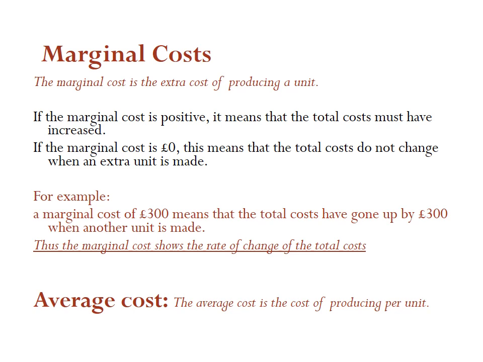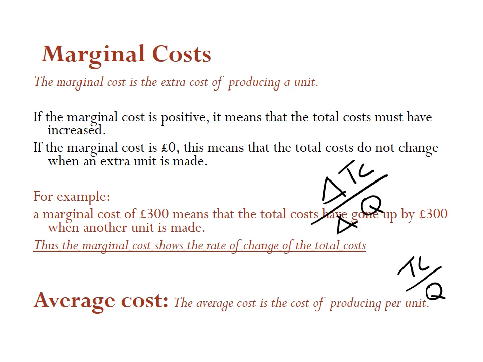Thus, the marginal cost shows the rate of change of the total cost. Makes sense, right? On the other hand, your average cost is the average cost of producing per unit. So the cost of production per unit, which is simply your total cost divided by quantity. Your marginal cost, remember, is slightly different. It is your change in total cost divided by your change in quantity.